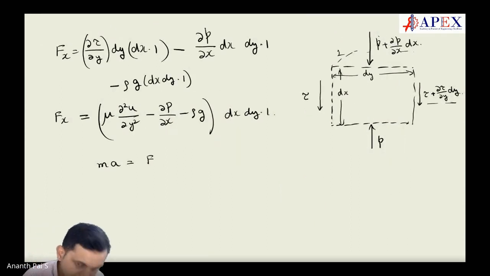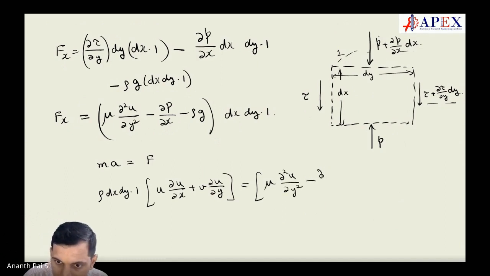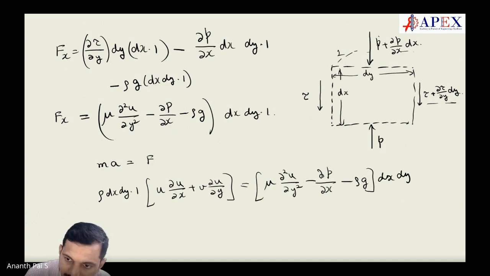Okay, mass is given as rho into dx dy into 1 into acceleration, which is equal to u dou u by dou x plus v dou u by dou y is equal to mu into dou square u by dou y square minus dou p by dou x minus rho g into dx dy into 1.